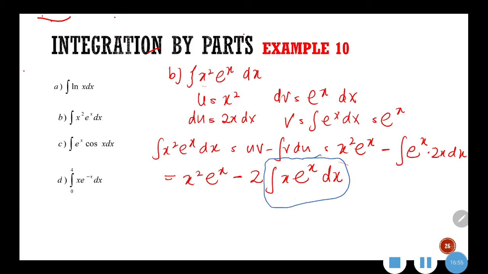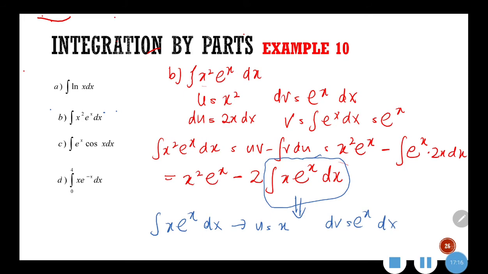So maknanya kat sini you have to apply again integration by parts. Okay, you have to solve separately first x e to the power of x dx. So for this case again you let u equals x and then dv equals e to the power of x dx.